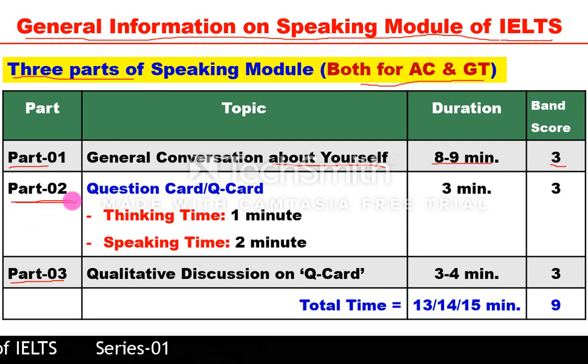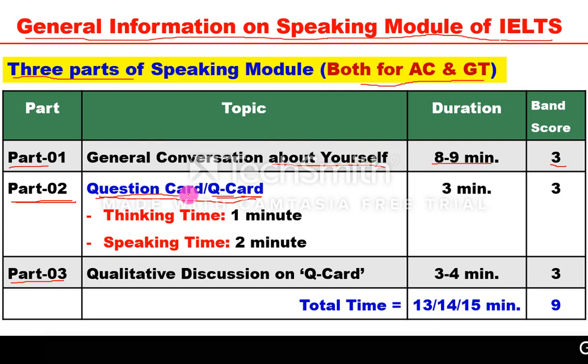In speaking Part 2, you will be given a cue card. Cue card means question card. In this card, you will be given some questions, usually 3 questions.